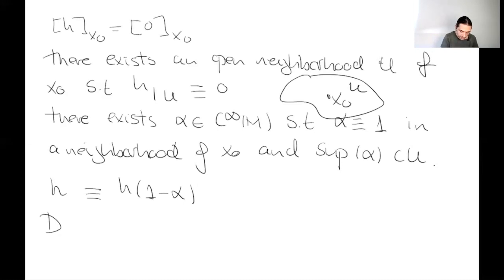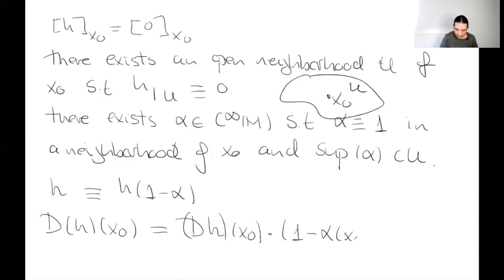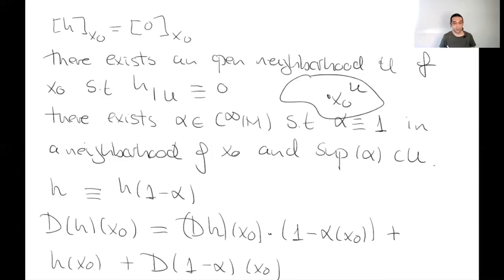So we have that D applied to h at x0 is going to be D of h applied to x0 times 1 minus alpha of x0, plus, and here we need h of x0 times D of 1 minus alpha at the point x0, right?